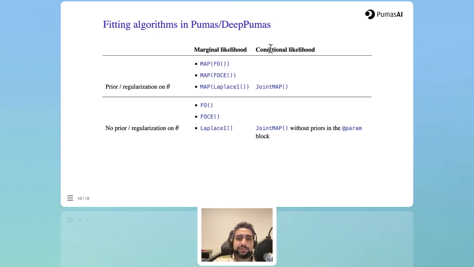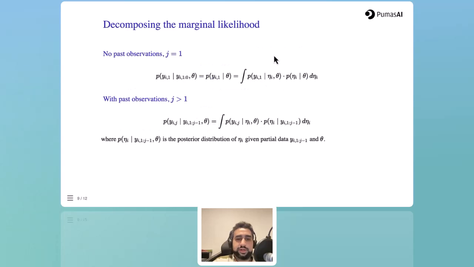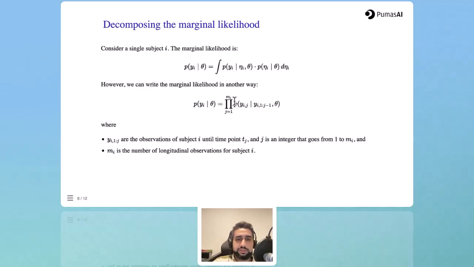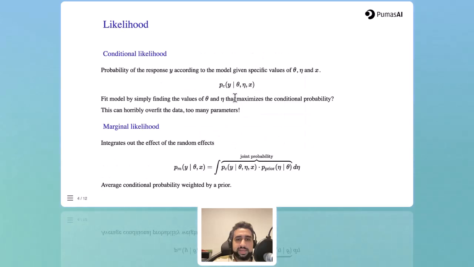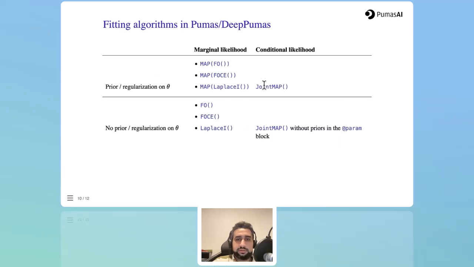Now, we also have a way to optimize the conditional likelihood. If you want to optimize the conditional likelihood plus some log prior, usually the prior on the random effects is considered as well. So it's not just the conditional likelihood, but we also add to it the prior on the random effects, but without integrating. We don't marginalize. Let's say the joint, the sum of the log conditional likelihood and the log prior of the random effects, we can use this joint map algorithm.